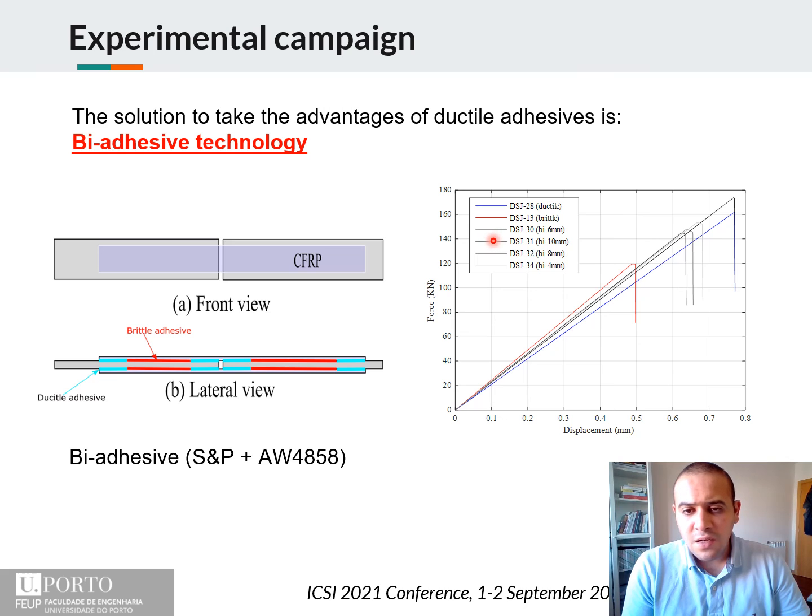What you can see here, the specimen with 10 millimeters of length of ductile adhesive achieved very high performance, which is very promising because this solution is providing very high strength and a balanced stiffness, and it is cost effective.